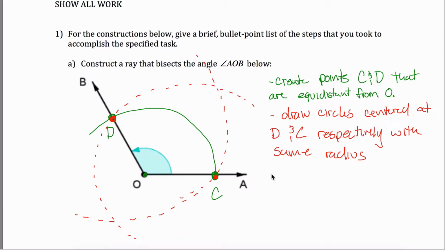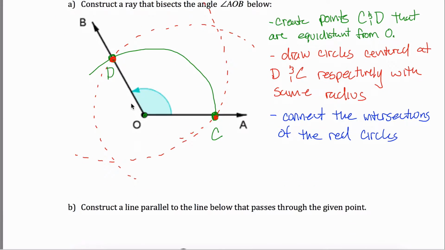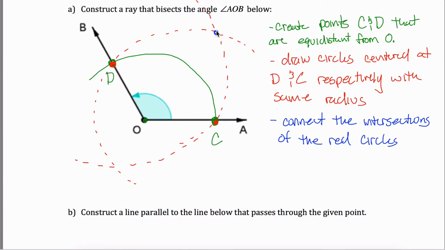And then I am going to, step 3, maybe running out of colors, make this blue. Connect the intersections of the red circles. So I have these 2 red circles and they intersect in 2 spots, up here and down here.